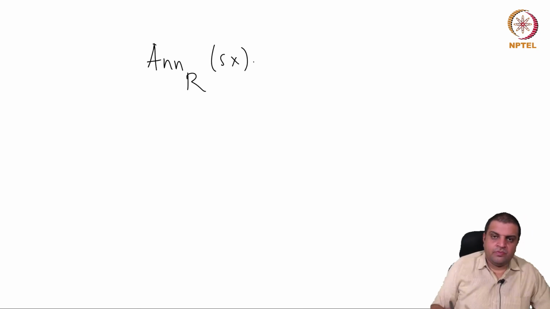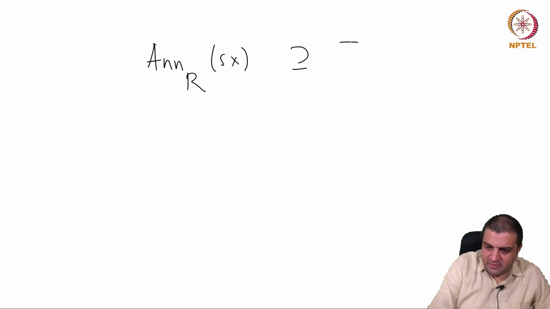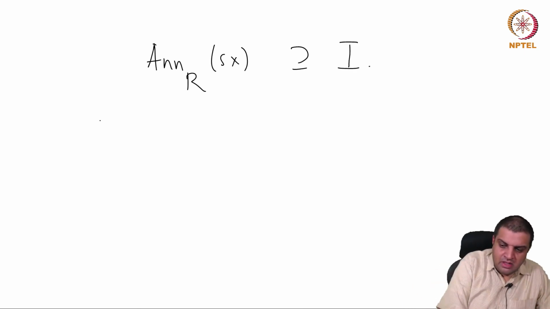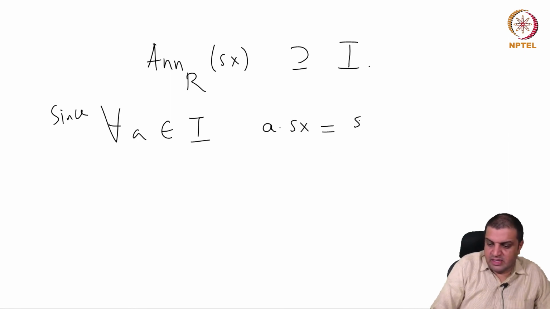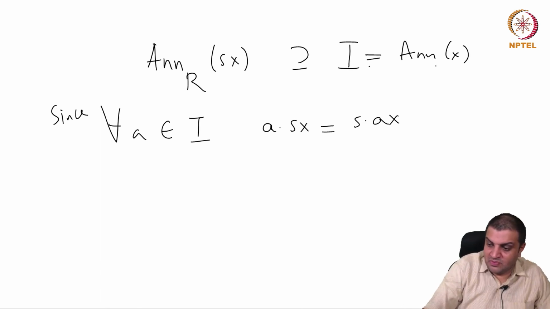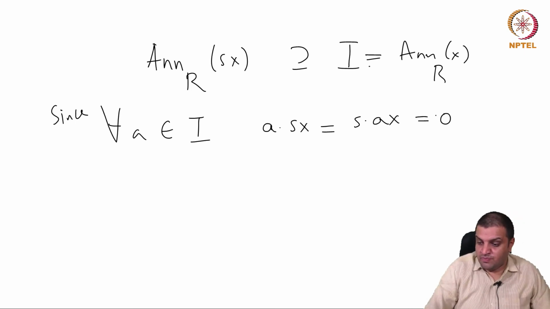So we want to consider the annihilator of the element s x. This contains I. Why? Because for all a inside I, a times s x is the same thing as s times a x, but a is in the annihilator of x, so this is 0.